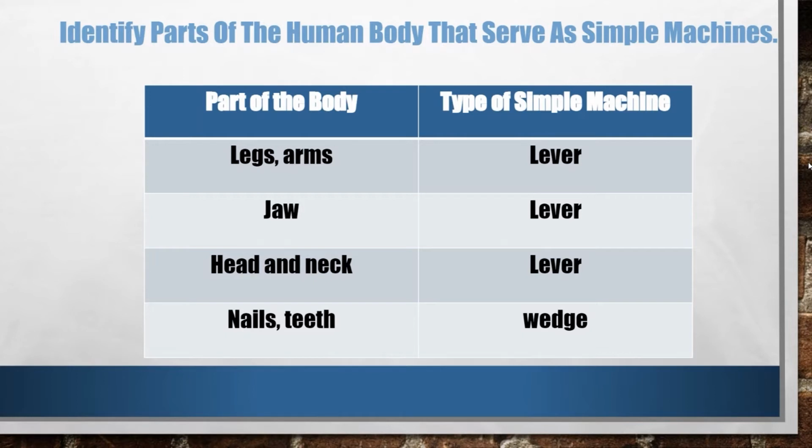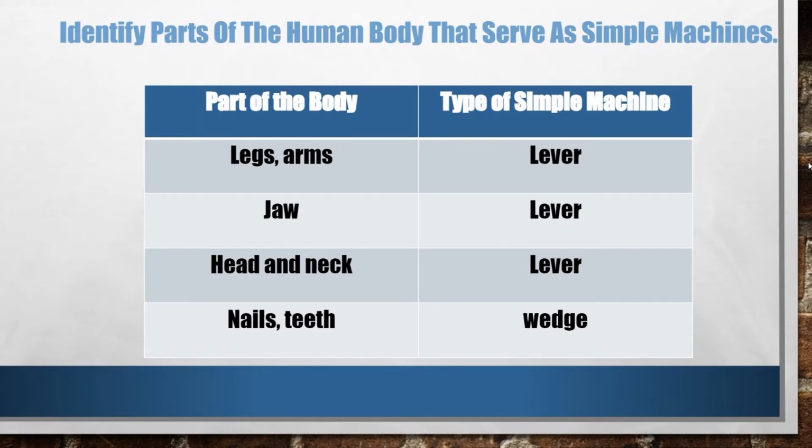Okay, so if we think about it, our legs and our arms could function as a lever, and we're going to demonstrate that in a little bit. Our jaw, when you open and close, is functioning as a lever.